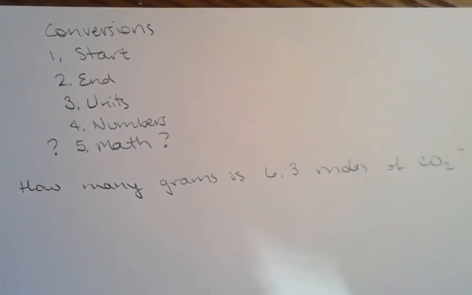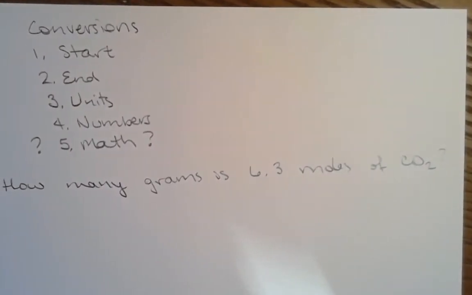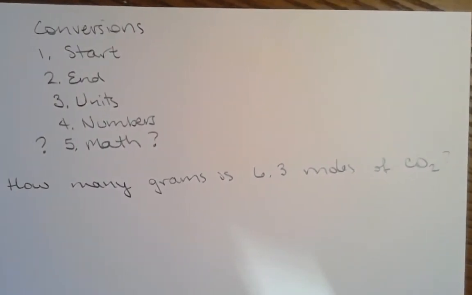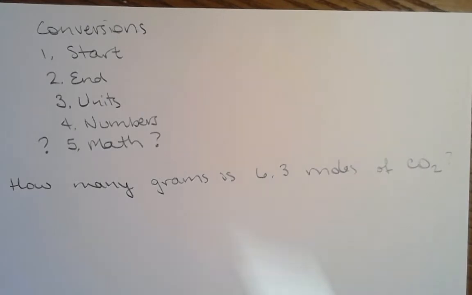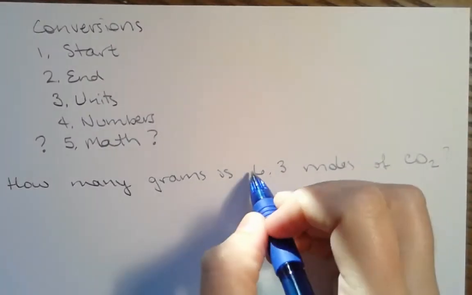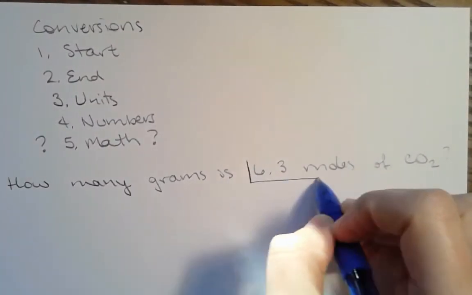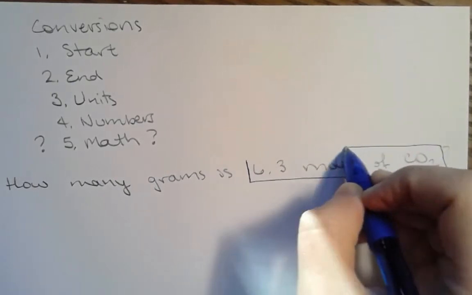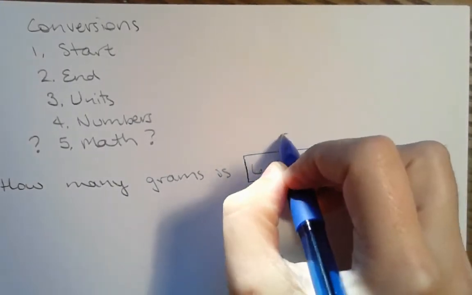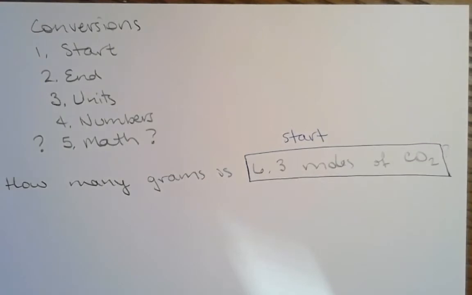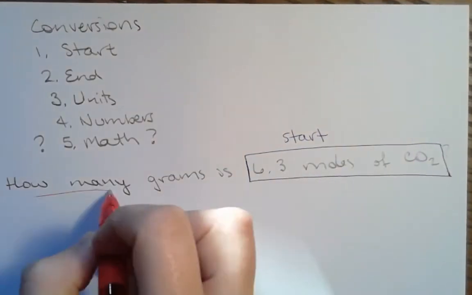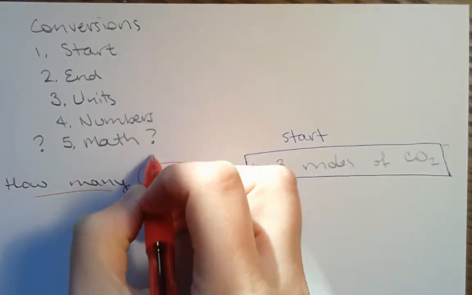Nothing is changing here except the unit that you're using. So we're going to convert from the start, which is always your number. Here your number is 6.3 moles of carbon dioxide. This is where you're going to start. It says how many grams. This is where you're going to end.